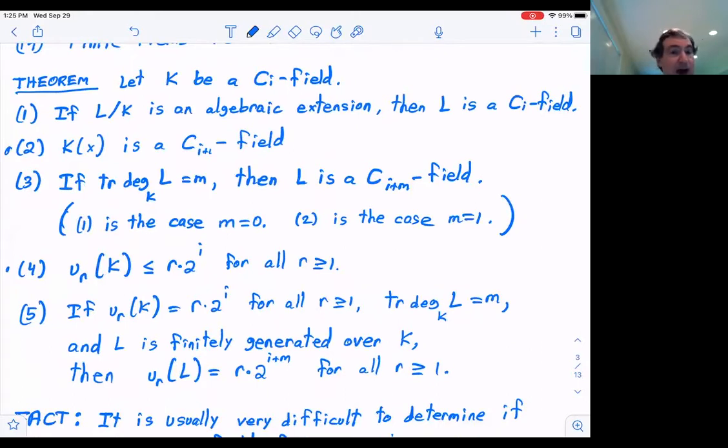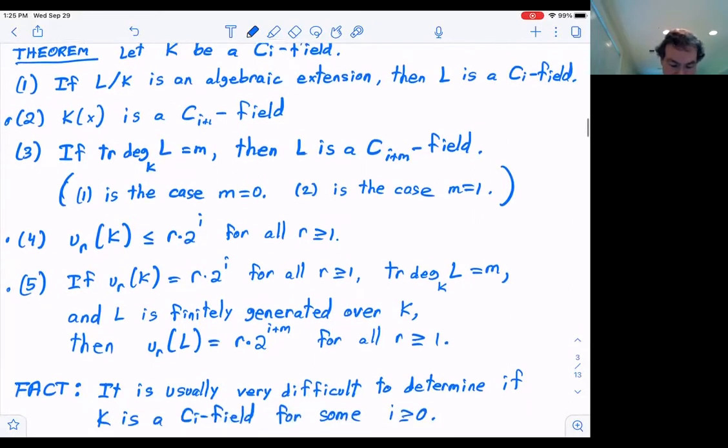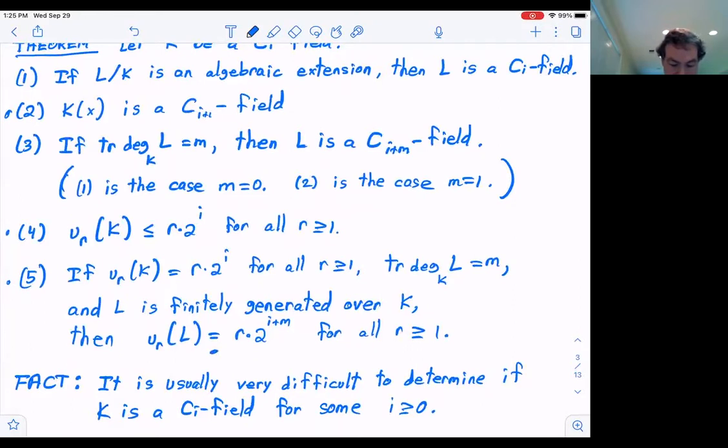Furthermore, if you have equality in number 5, if u sub r equals r times 2 to the I, so if you know exactly how many variables you need so that if you have one more than that number, you can solve a system of quadratic forms, then you get an exact number for every finitely generated function field. If L is finitely generated over K of transcendence degree M, then we have an exact expression for u sub r of L. So you can see that these CI fields are great for this problem.